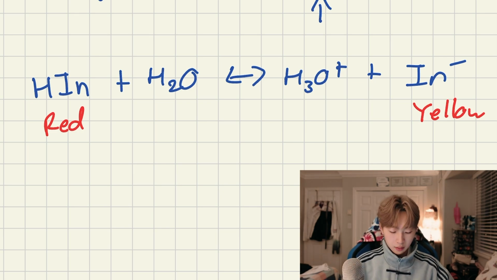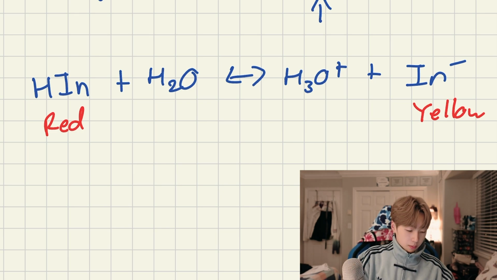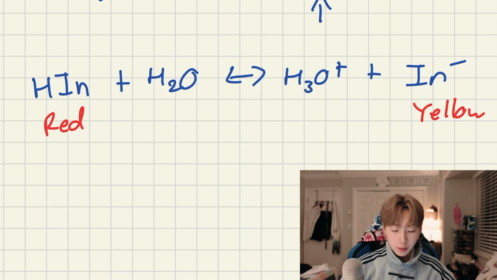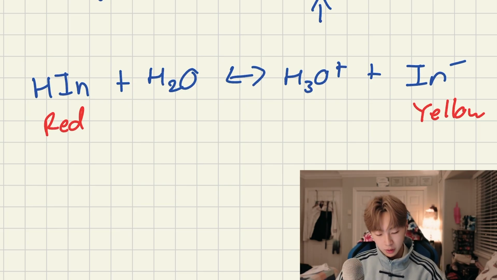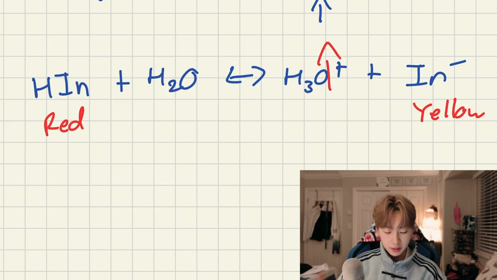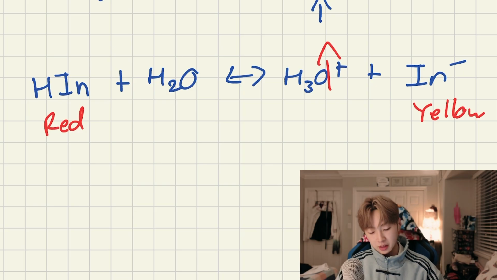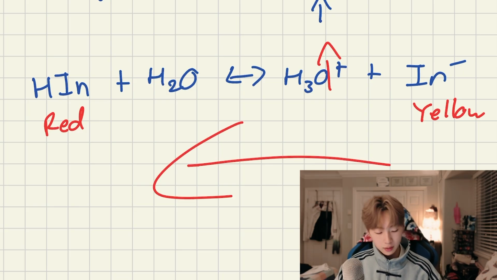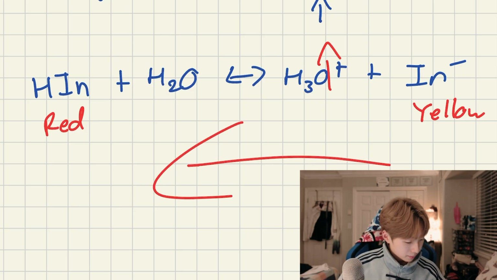Now if we add an acid, we're going to be increasing the concentration of H3O+, right? Because we're adding acid. And as we know, that's going to shift our equilibrium to the left, and it will turn red.